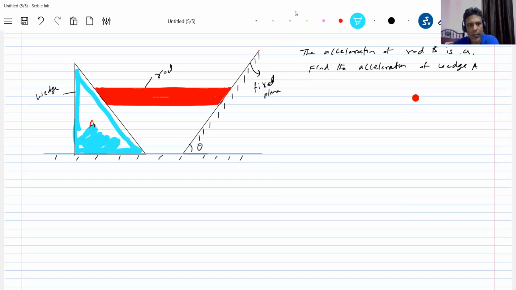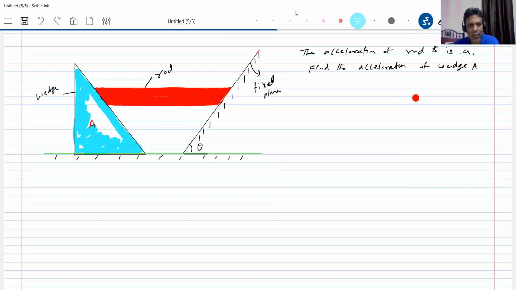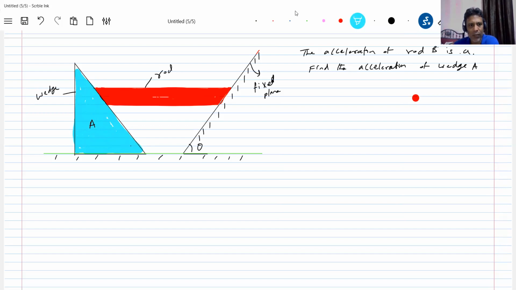Take help of the free body diagram. Of course, he has not given masses, so it is all about the constraint equation. Try to make observations. You have to be really careful, so don't assume some masses yourself.